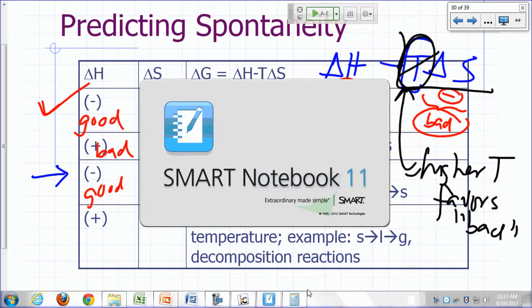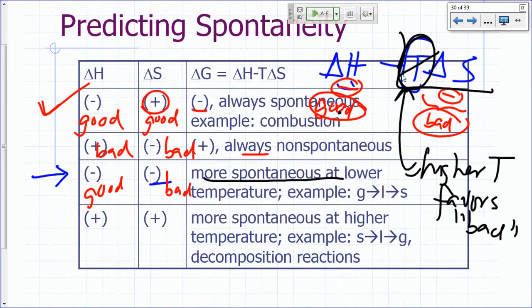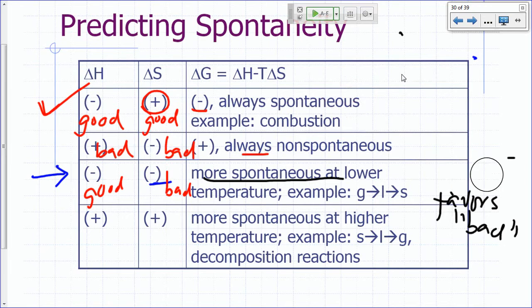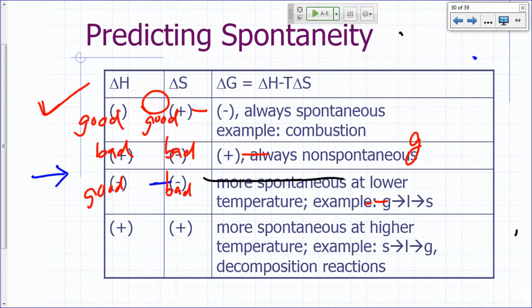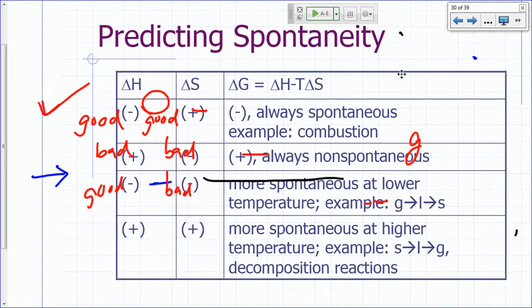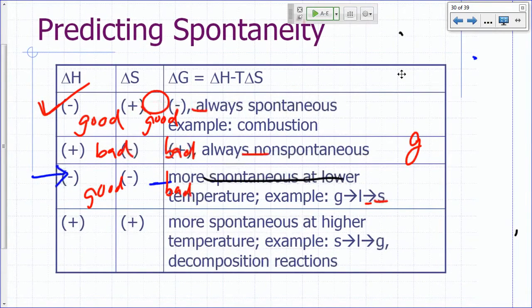An example of this would be turning from a gas to a liquid.